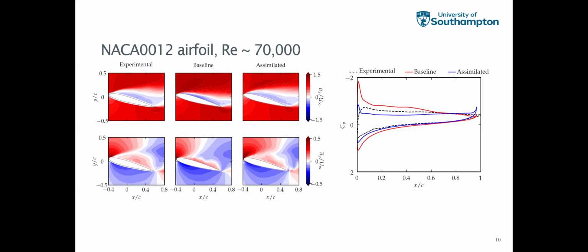And an interesting thing that we also noticed is that when we looked at the secondary quantities, the quantities that are not directly assimilated, we saw that there was also an improvement in the surface pressure. So the surface pressure from the experiments is denoted as a black dashed line, and the one from assimilated is in the blue line. So we see that there is, of course, a reduction in the suction peak when compared to the baseline case, which also improves the prediction of lift coefficient.